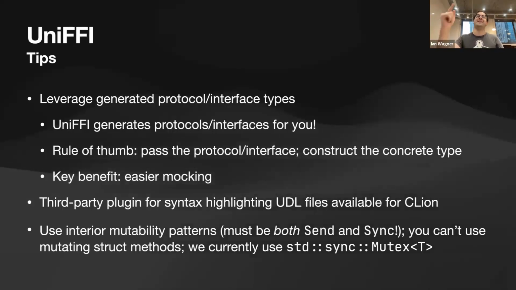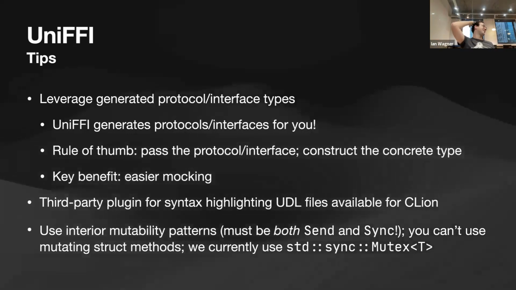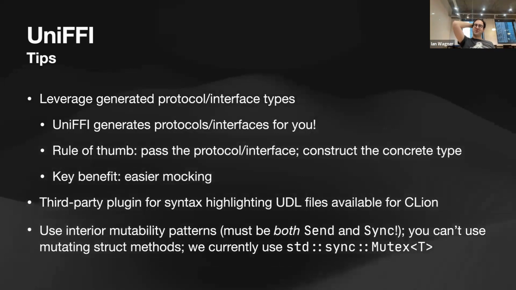Another weird thing is you can't have mutating struct methods. All of your objects are defined as structs, and you can't have mutating methods on them. So what you have to do instead is use these interior immutability patterns.